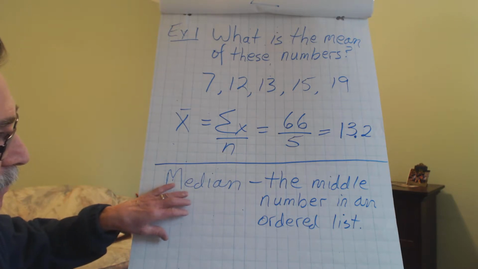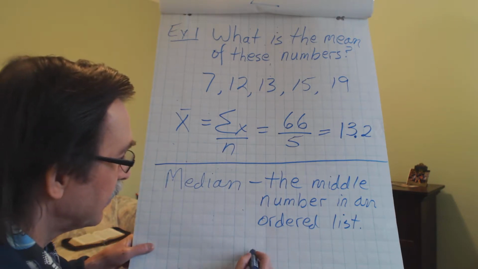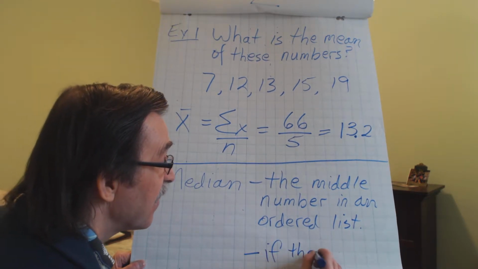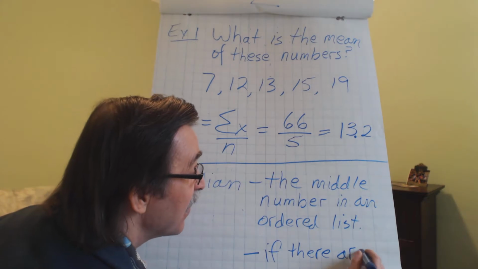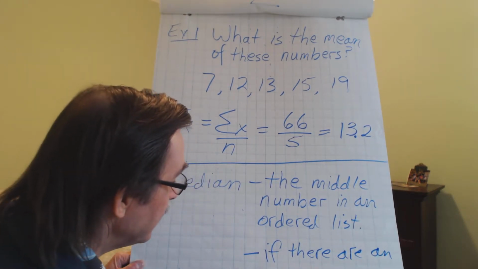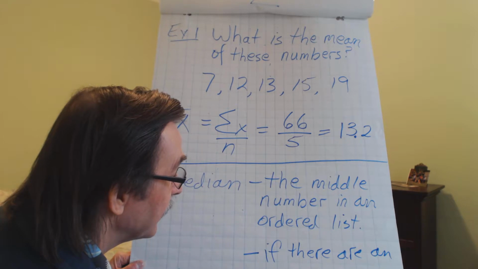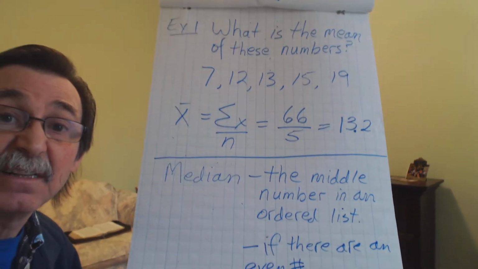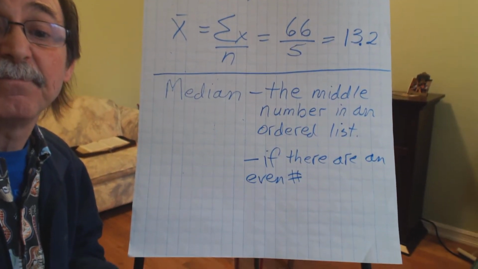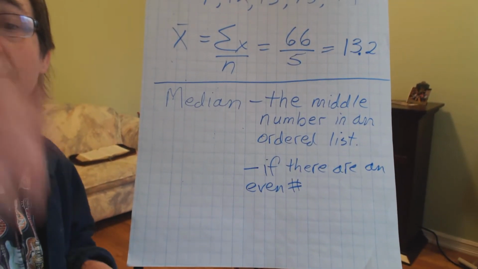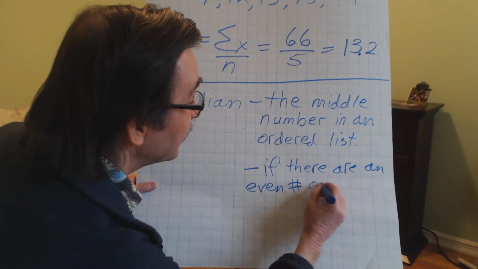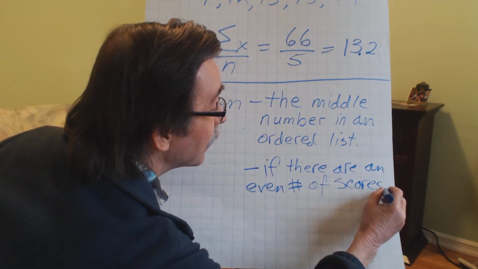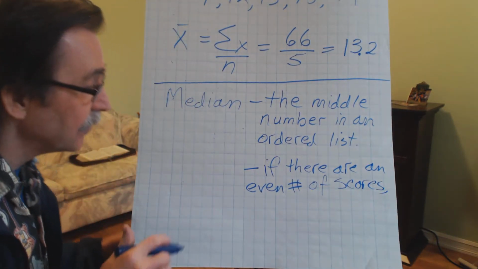Okay, so I'll just add that to complete this page. If there are an even number of scores, here's my symbol for number, by the way. I kind of get lazy. If there are an even number of scores, comma, Glenn, that comma is for you, by the way.